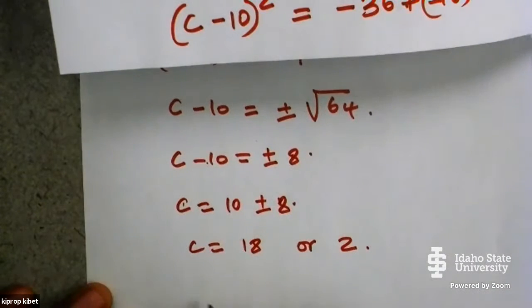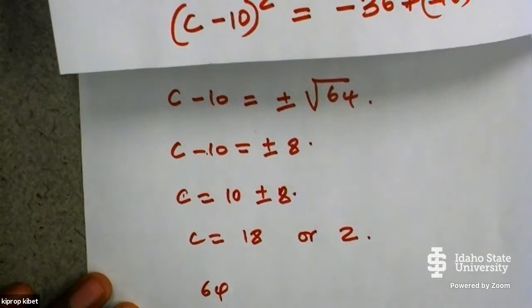So what did we say about the square root property? It's got to be plus or minus. Let's say we have 64.